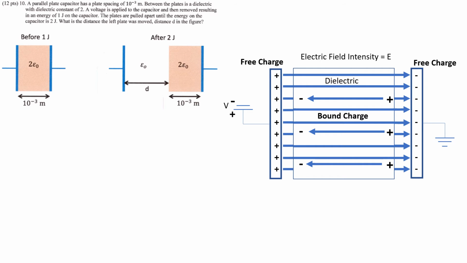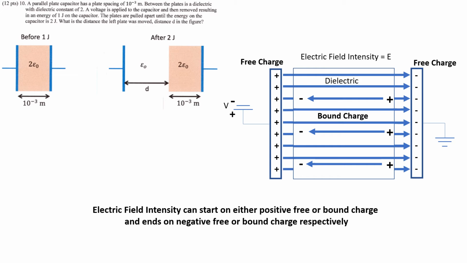We can sum this up by saying that the electric field intensity can start on either positive free or bound charge, and ends on negative free or bound charge, respectively. We can also note from earlier that electric flux density is only created by free charge, and since there is only bound charge on a dielectric, adding a dielectric into a capacitor will not affect the electric flux density.